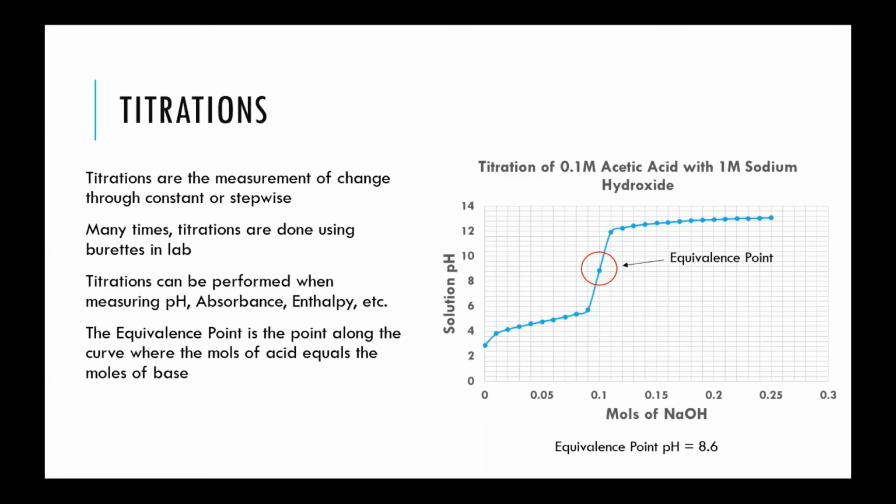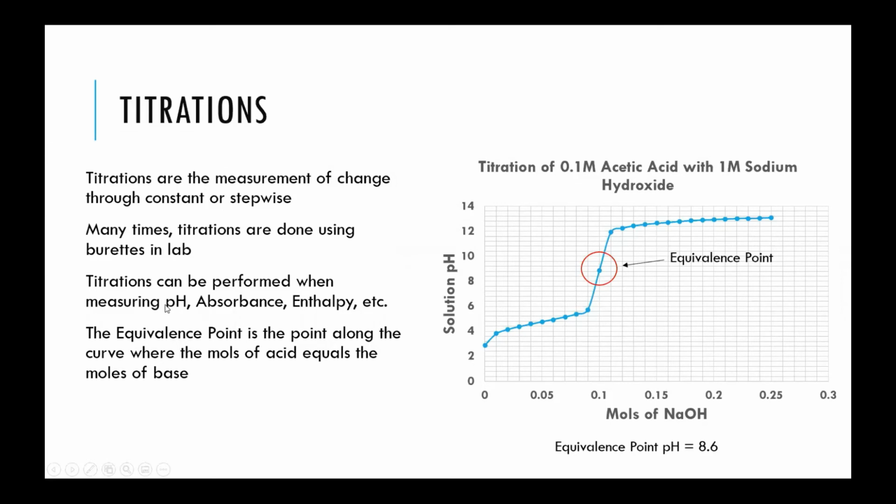This can be done in terms of pH, absorbance using a spectrophotometer, enthalpy using a calorimeter, or a number of other different properties which you can measure that change as a function of something else. In an acid-base setting, this measured property would be the pH of the solution.